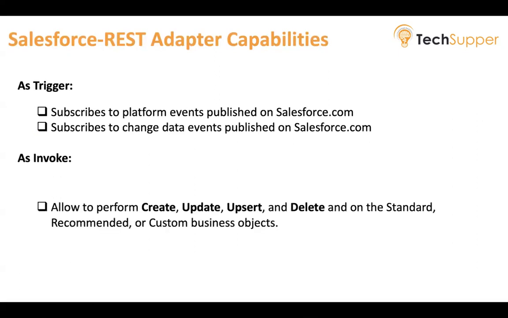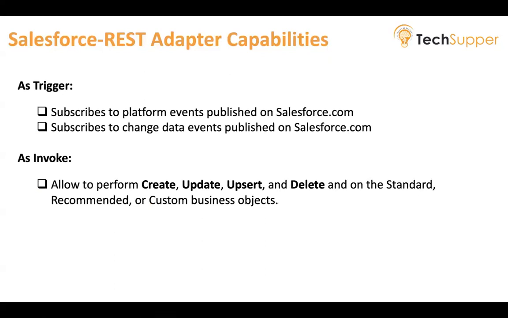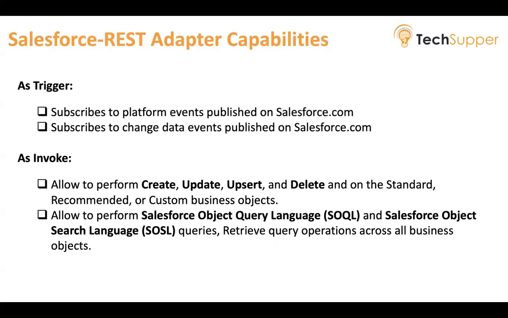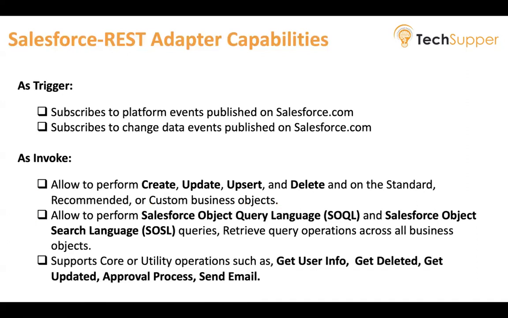As an invoke, it allows you to perform create, update, upsert, and delete operations in all the standard, recommended, or custom business objects. You can also execute your SOQL and SOSL queries. You can also retrieve query operations across all the business objects that Salesforce would have. It supports core or utility operations such as get user info, get deleted, get updated, approval process, and send email. And it also allows you to call any Apex services.